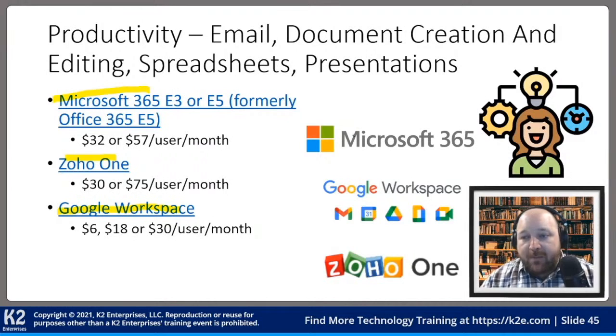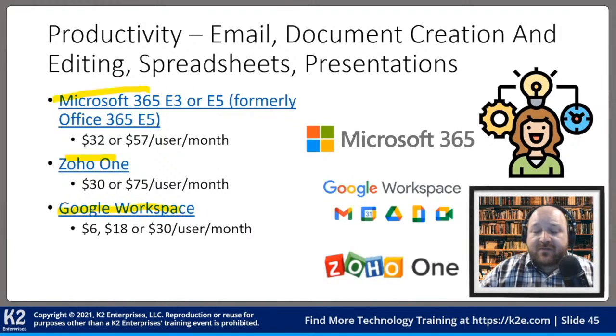Now, in my personal opinion, Microsoft is probably the most complete platform out there. Specifically, the enterprise version of this, the E3 and E5, comes in between about $30 and $60 per month, and you can mix and match licenses depending on who needs an E3 versus an E5. Zoho starts at about 30, goes up to 75.